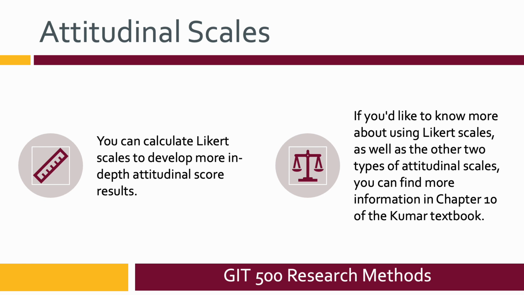Using what I showed you in the previous slide of positive and negative statements and rating point values, you can calculate those Likert scales in more in-depth attitudinal score results that we're not going to go over in this class. But if you want to know more about Likert scales, as well as the other 2 types of attitudinal scales, the Thurstone and the Guttman, you can find more information on those in chapter 10 of the textbook.